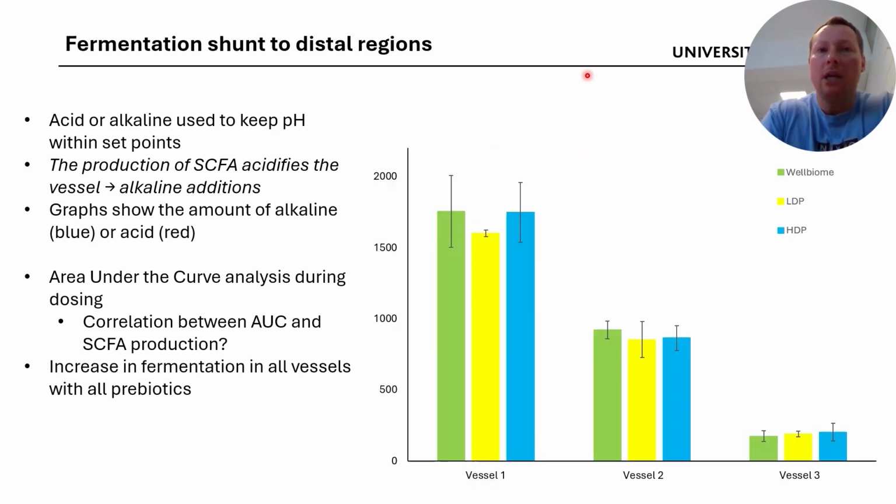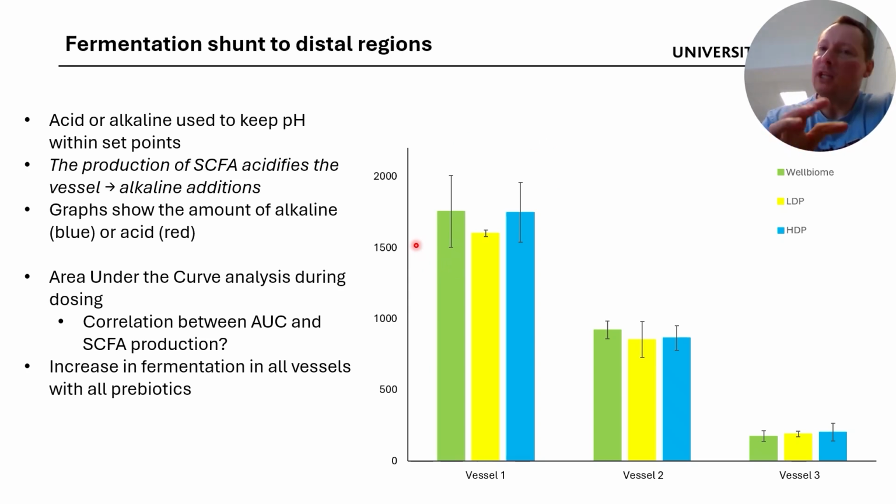And so when we look at this area under the curve and we can compare WowBiome and all the other fibers, what we noticed is that actually, regardless of which vessel we were in, in all of the vessels, we saw this fermentation shift throughout our model system. So increasing the fiber, and in this case, it didn't matter what the fiber was, we still got fairly equal total short-chain fatty acids produced.